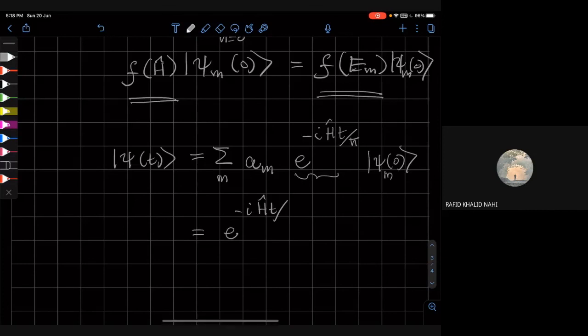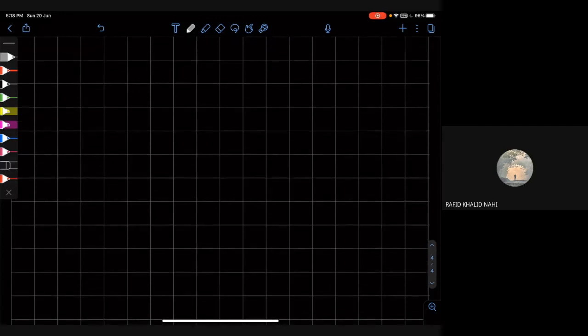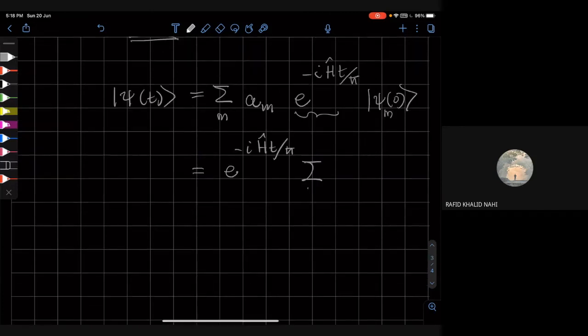Let me not forget this hat. I'm going to forget the hat often, and it should be clear from the context which is an operator and which isn't. And so there is the sum over m of a_m psi_m(0), and this is e to the power minus i H t by h bar acting on psi at 0.